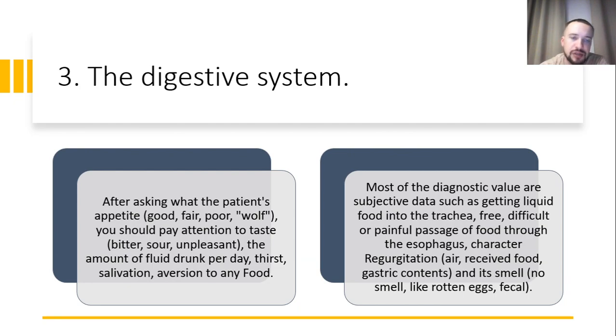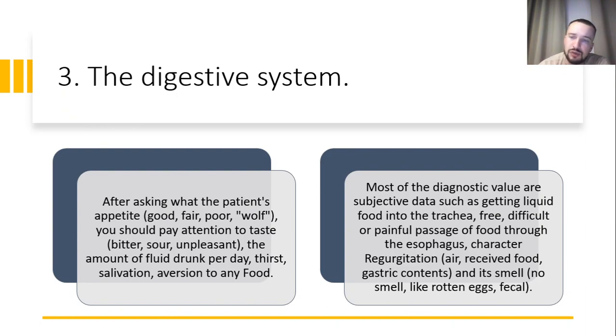Digestive system. And there I need to repeat to you that in neurosurgery more often it is about the digestive system. After asking what the patient's appetite is, good, fair, or poor, you should pay attention to taste, bitter, sour, unpleasant, the amount of fluid drunk per day, thirst, salivation, aversion to any food.